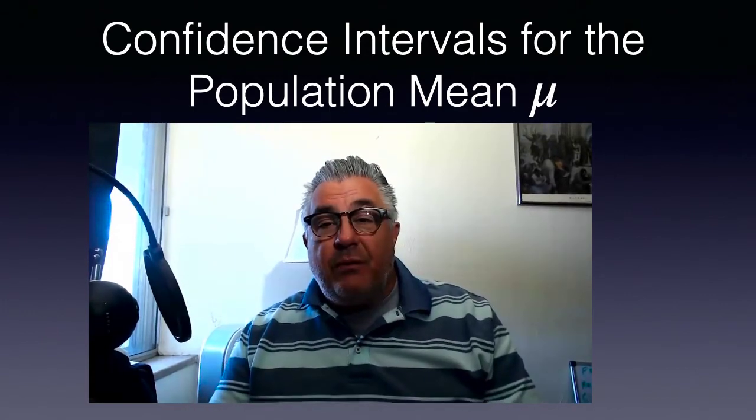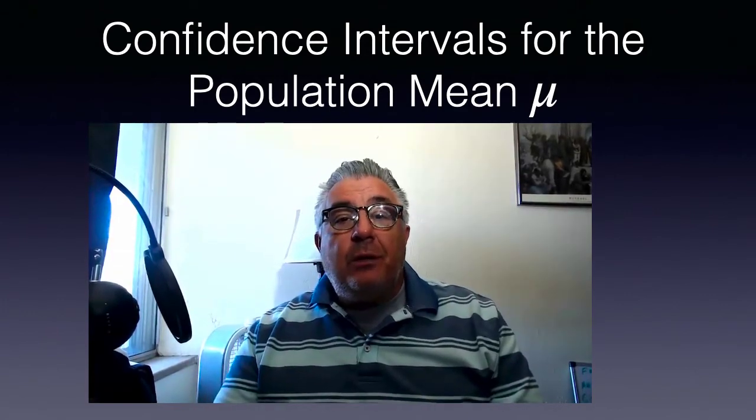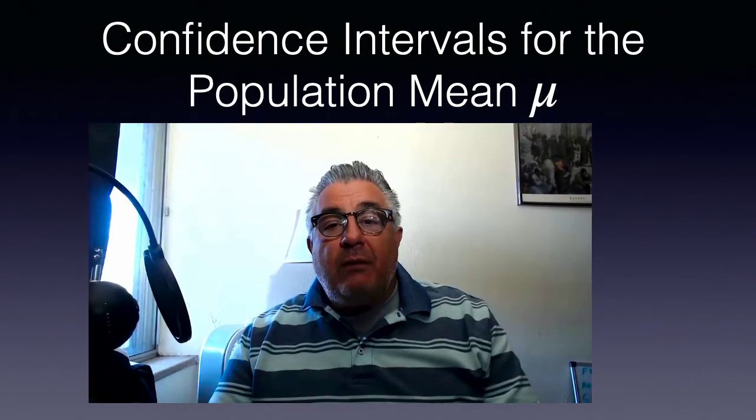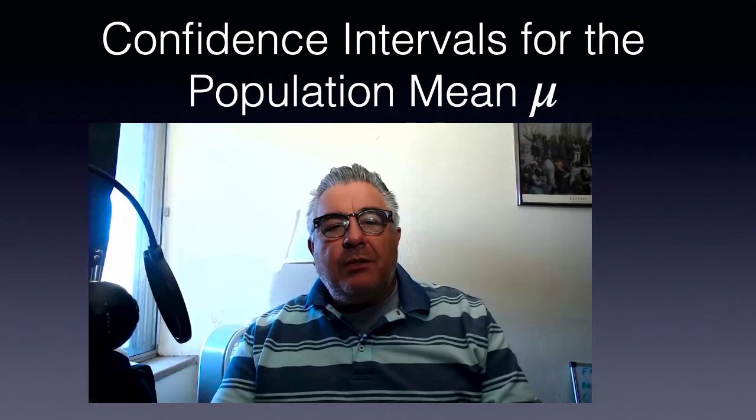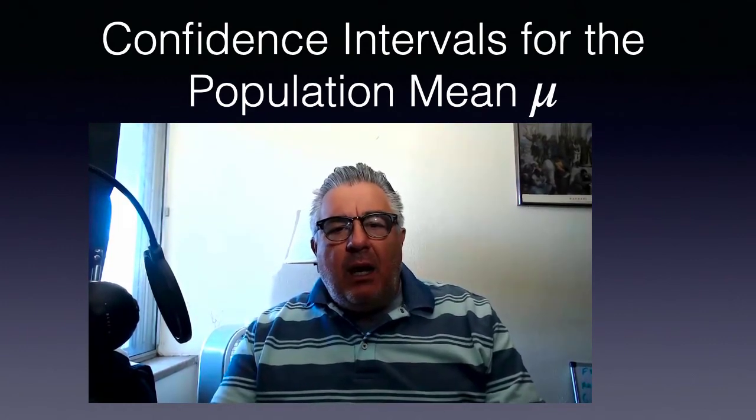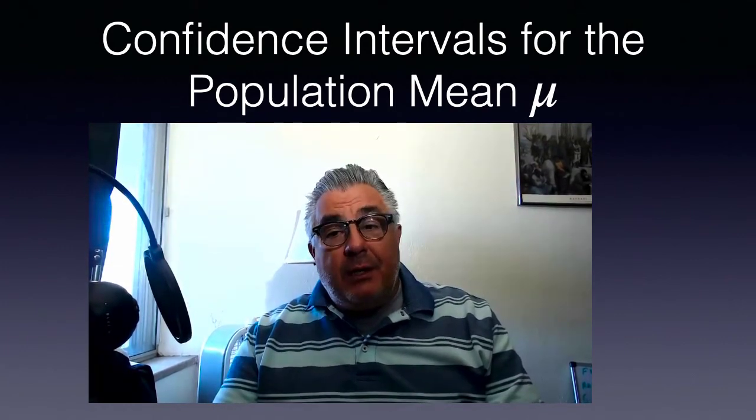So by the time we finish up on two independent populations, you will have enough to complete part 3 of your project. So with that being said, let's get started.